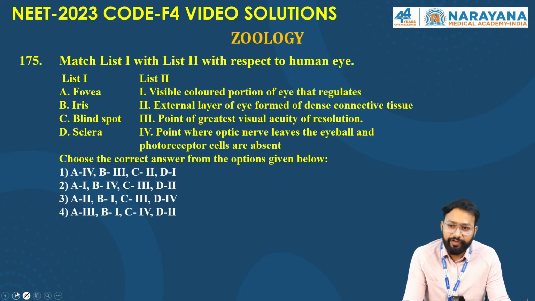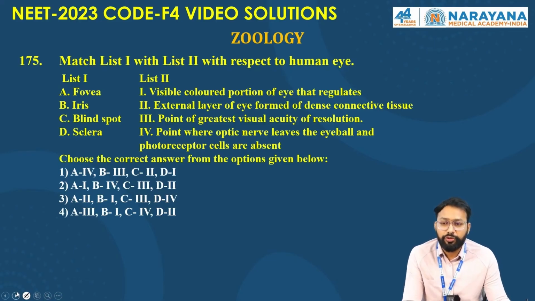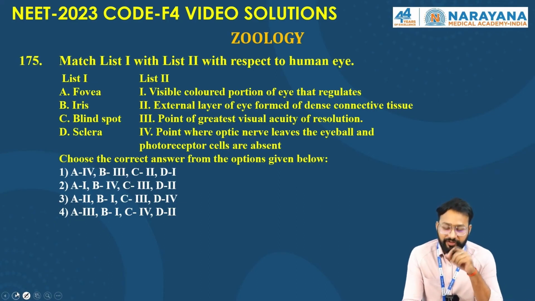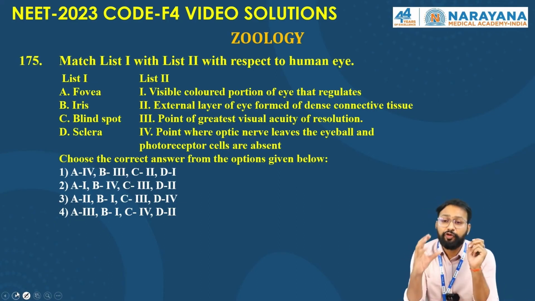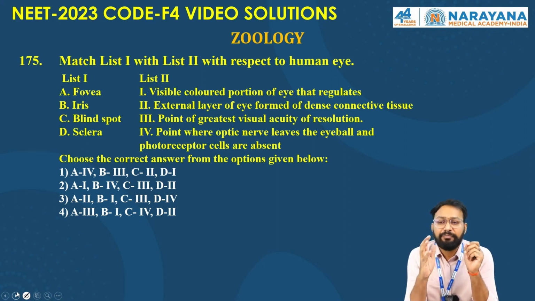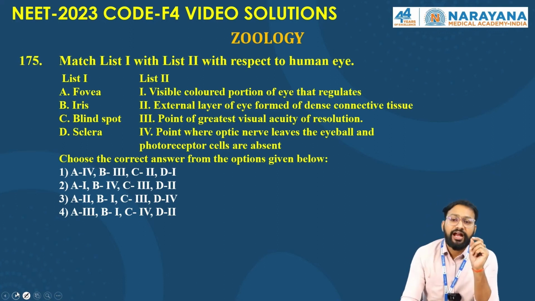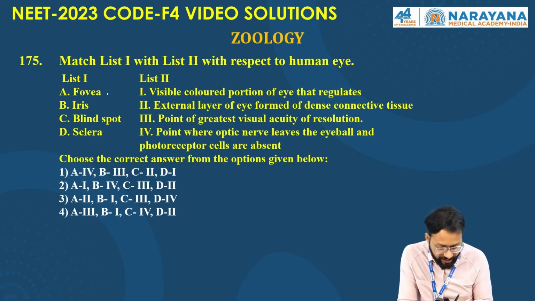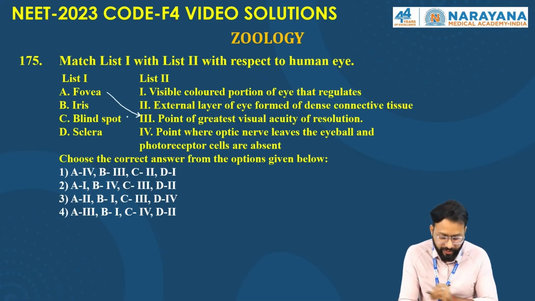Question number 175. A matching type of question, related to neural control and coordination from the sensory perception and processing from eye. Fovea is a site in the macula lutea, the yellow spot, and over here the cones are highly concentrated. It is the point of greatest visual acuity or resolution. So fovea will be third option.